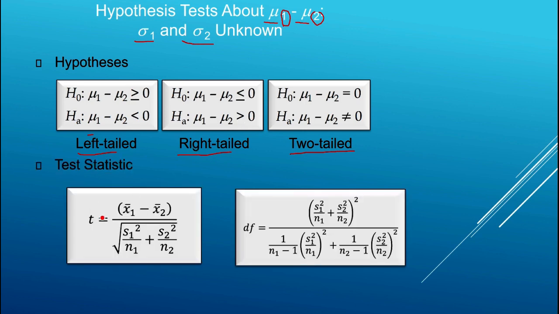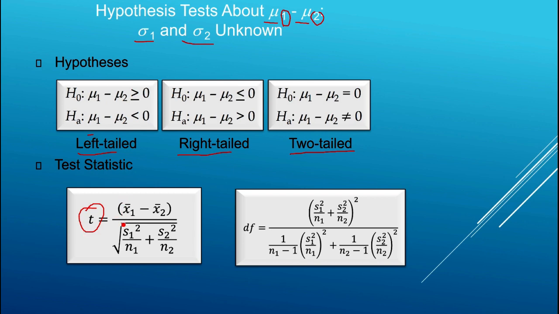So we need a test statistic, and in each case, just like before, you will use the same test statistic, and whether or not we reject the null hypothesis or fail to reject it will depend on the value of the t-statistic that we calculate. And we'll be comparing that to critical values or calculating p-values for it.